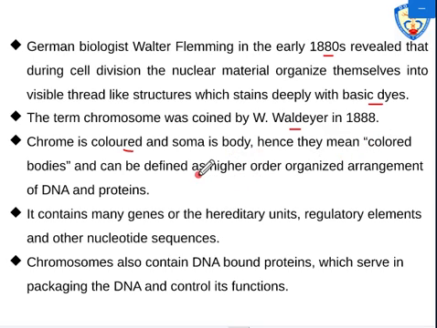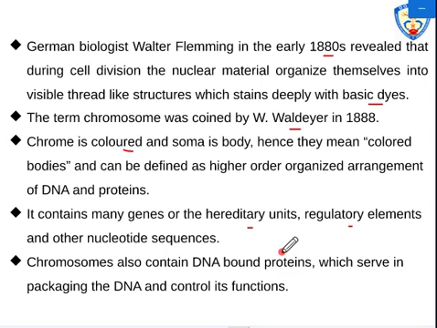Chromosomes can also be defined as higher order organized arrangements of DNA and proteins which contain many genes or hereditary units. Along with these genes, they also contain regulatory elements as well as other nucleotide sequences. Chromosomes contain DNA bound with proteins.